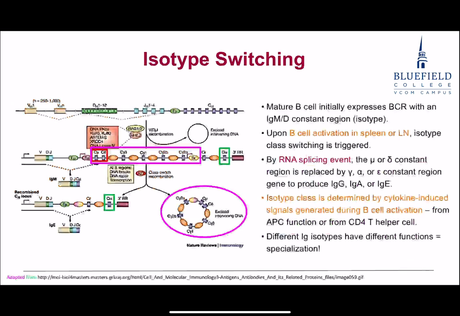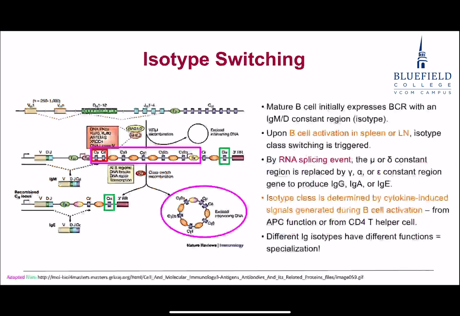It's going to read that mu constant region right here. Right after that constant region, there's a stop codon, so protein translation will terminate. That's why, even though you've got 6 or 7 constant regions still there, you're always going to make just that IgM. All right?